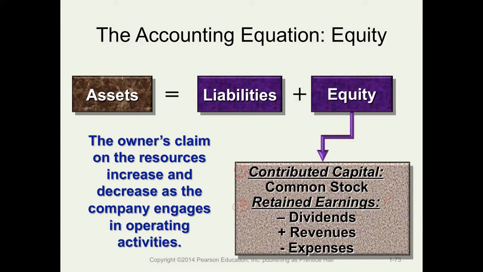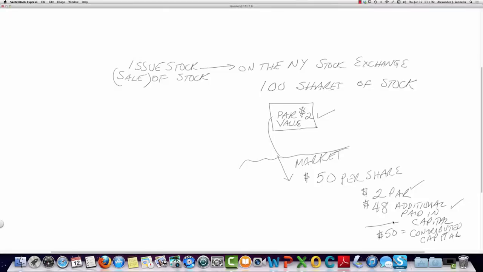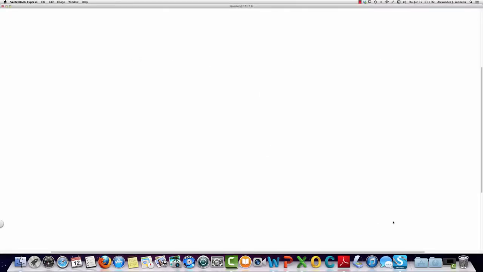So your net income is here. That's your net income, or loss, it's revenues minus expenses. And dividends will be paid out of retained earnings. So the change in retained earnings is net income or net loss minus any dividends.